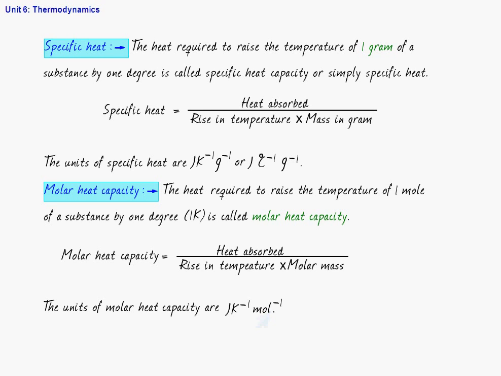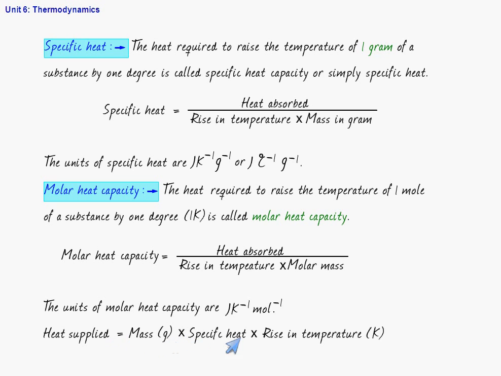Now, this is another very important formula. If we know the mass of this substance, its specific heat capacity, and the rise in temperature it undergoes during the experiment, then the heat supplied to it may be calculated using the formula: heat supplied is equal to mass in gram into specific heat into rise in temperature.